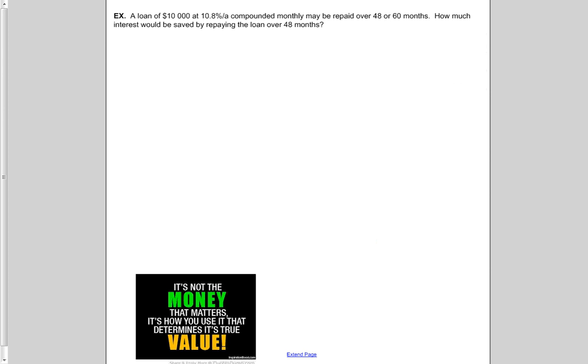A loan of $10,000 at 10.8% per annum compounded monthly may be repaid over 48 or 60 months. How much interest would be saved by repaying the loan over 48 months? So, two things. I first of all see that there are regular payments over 48 or 60 months, so it is an annuity.